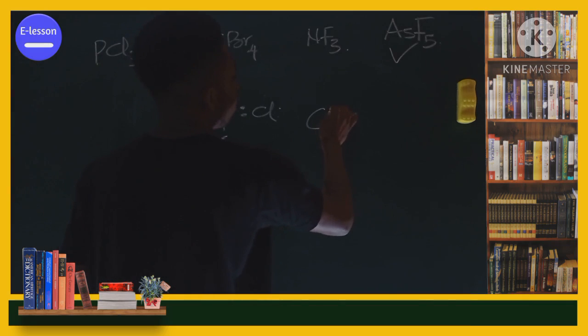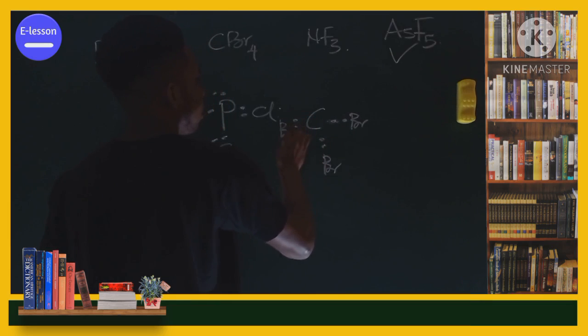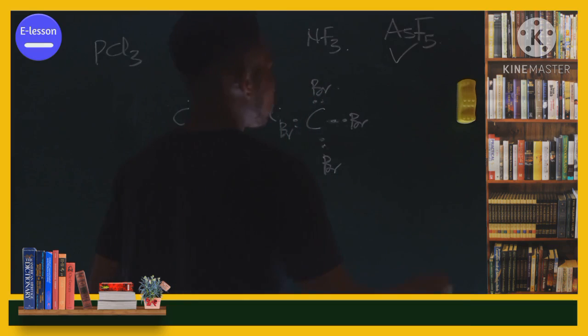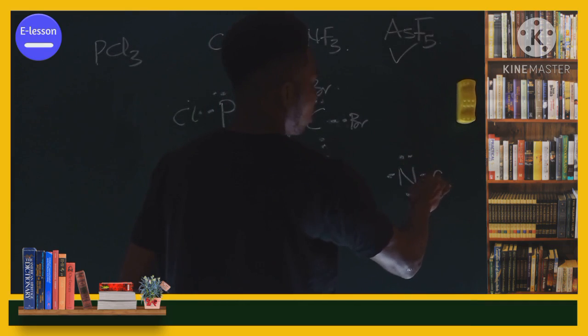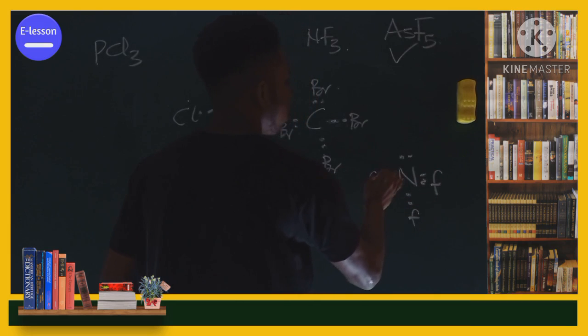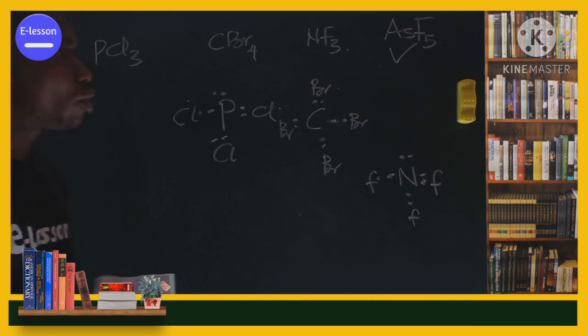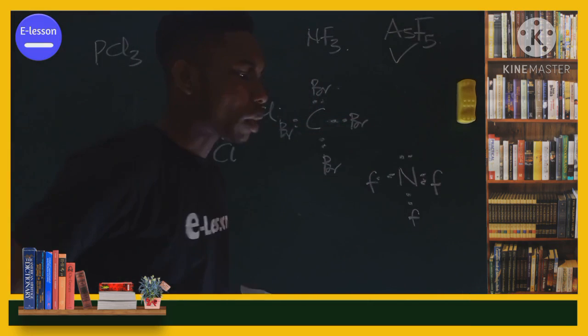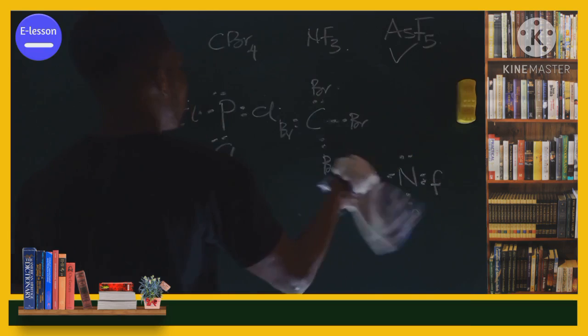And the same for this one, 1, 2, 3, 4, 5, 6, 7, 8, to satisfy the octet. Same thing is applicable to this. This also obeys the octet rule, but this does not obey the octet rule. So that is pretty much it for that question.